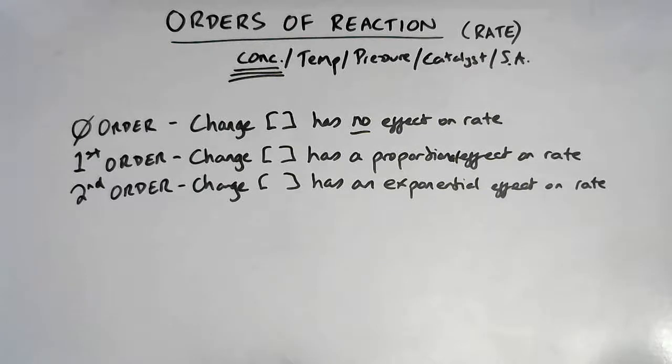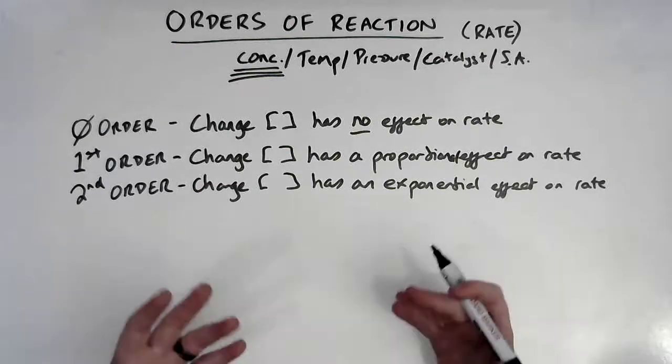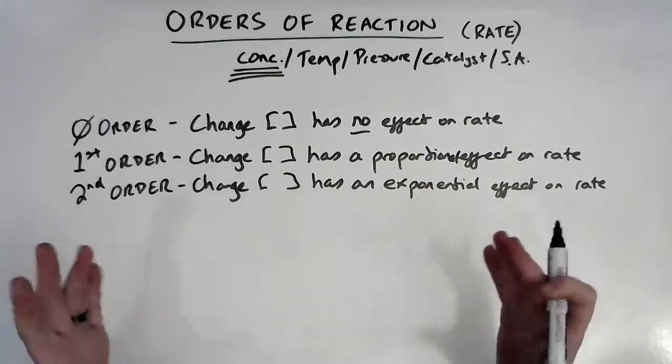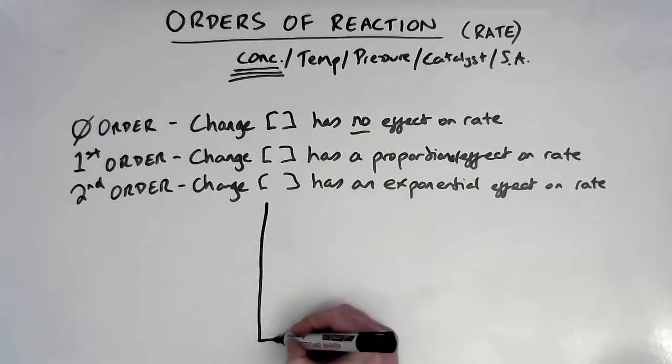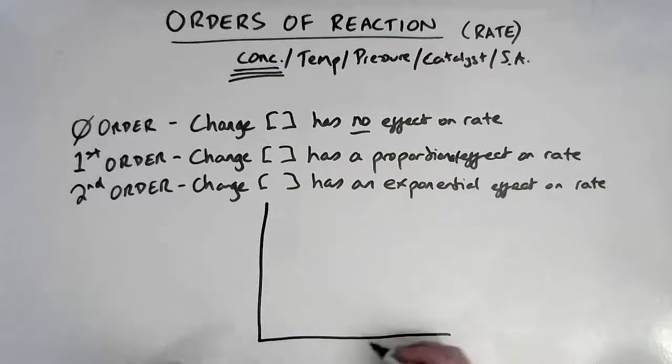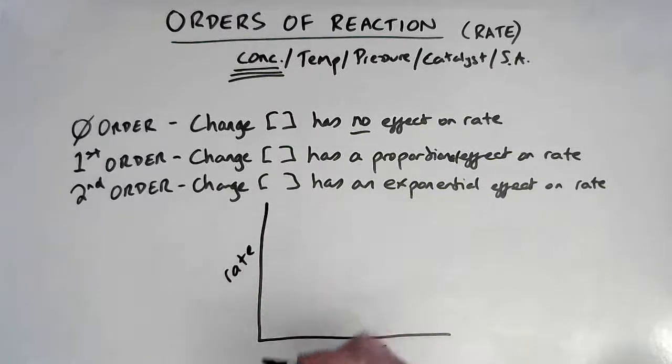Now the examiners do like to show this in a graphical form, but equally, it helps us understand what's going on here. So a very simple graph. If I can draw a straight line, this is concentration against rate.